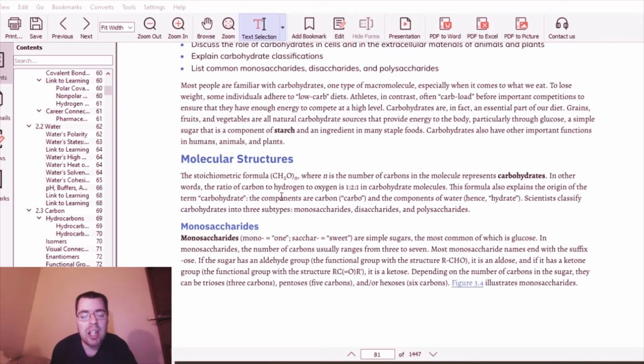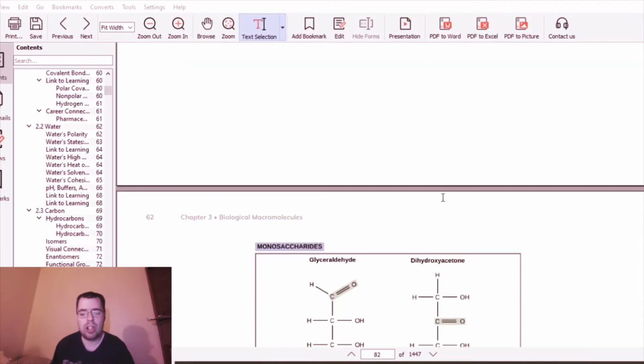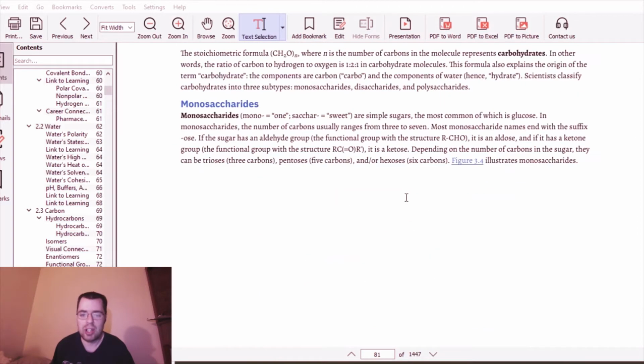The formula basically for a molecule like this is CH2O subscript n, where the n is the number of carbons in the molecule, which represents carbohydrates, hence carbs. It has carbon atoms and hydrogen atoms. The number and structure differ depending on the sugar, and we'll get to that in a minute.